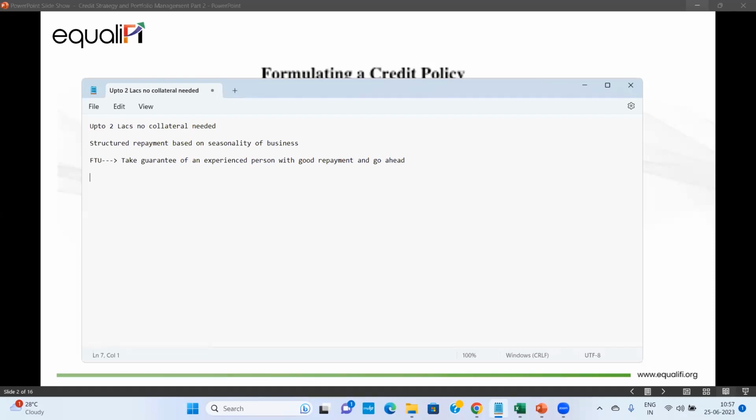An FTU customer who has never used an asset, you take a guarantee of an experienced person who has been using an asset or a machinery or a commercial vehicle with a good repayment and go ahead for funding. Is this a flexibility or not? Tell me. It's a flexibility, right? So these are the flexibilities we are talking about.